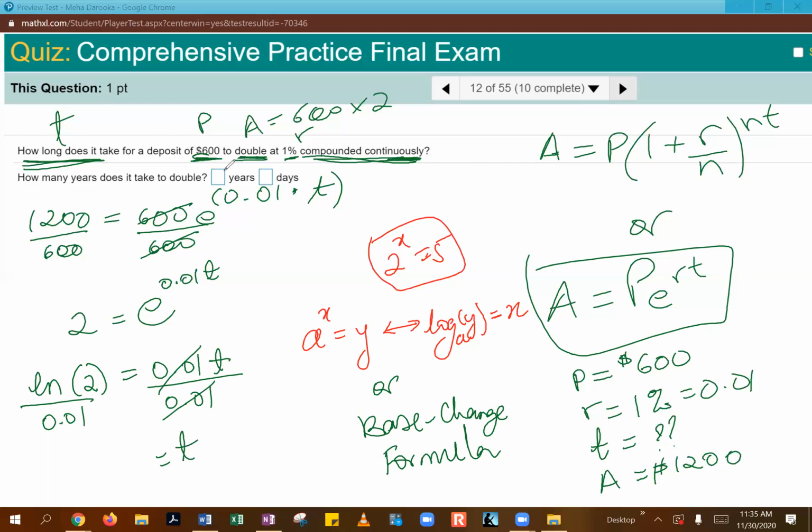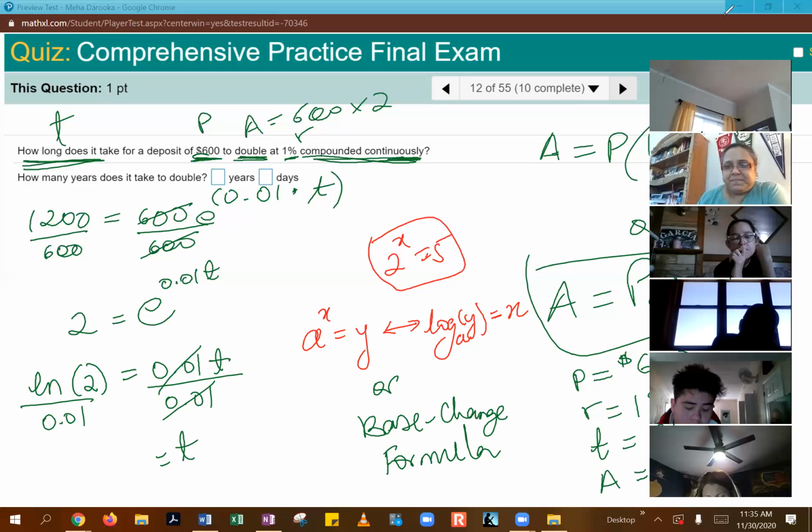So convert your time into years and days. What do you come up with? Make sure you are using a natural log here. Don't use logarithm because that would be incorrect. Since your base was the natural number e, you have to use natural log. So in years and days, what will your time come out to be?